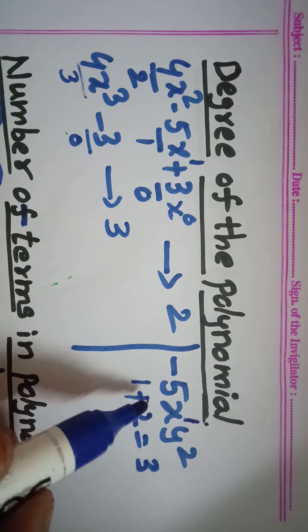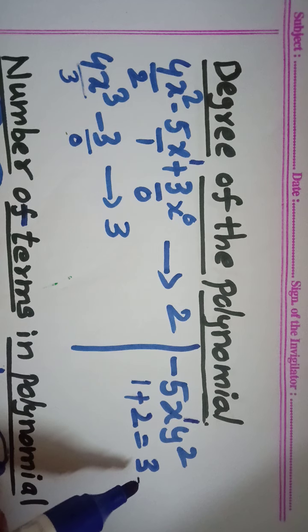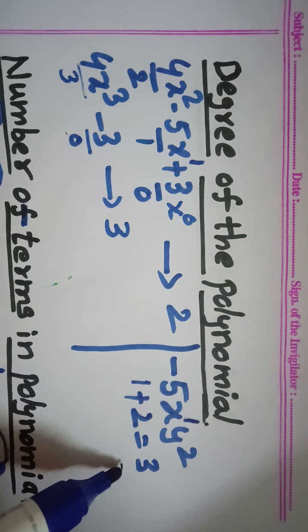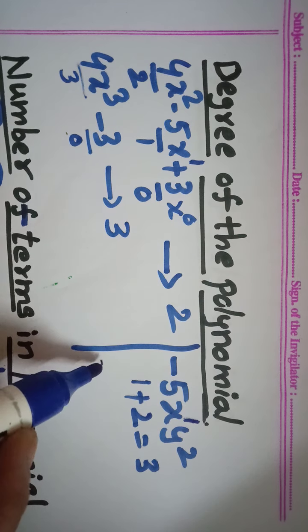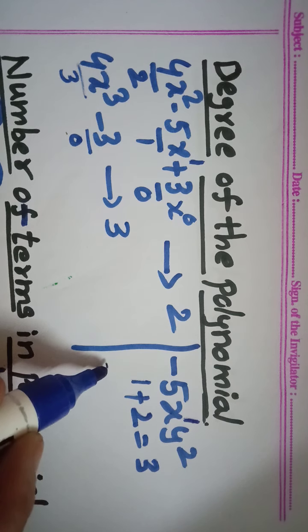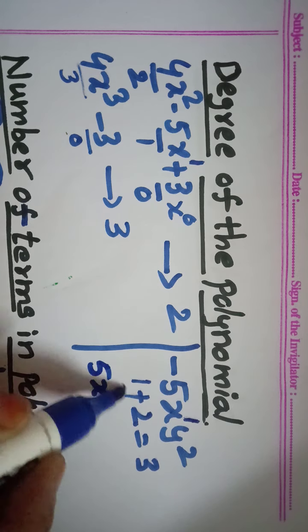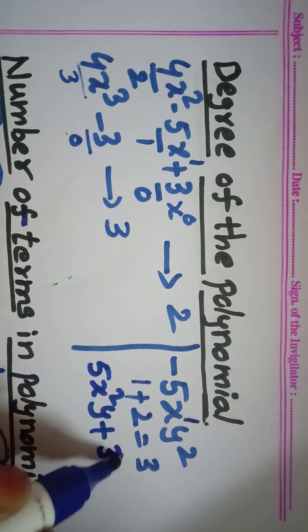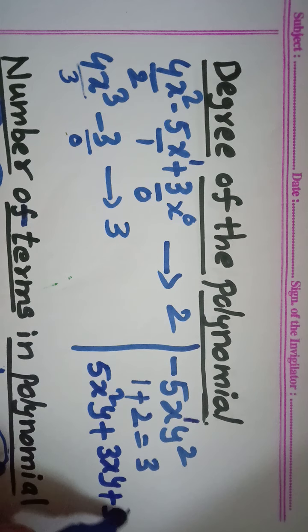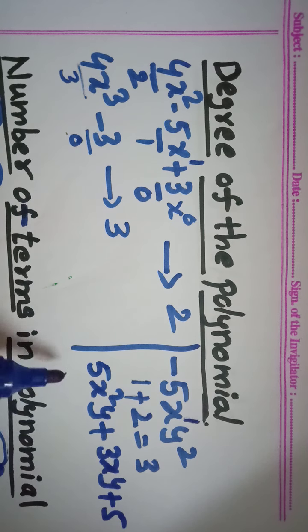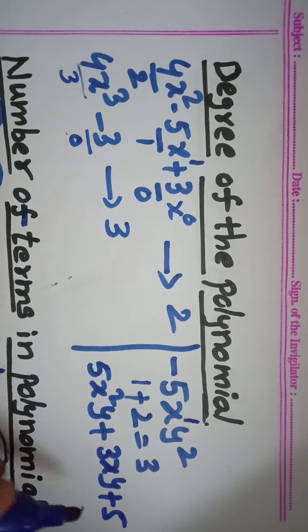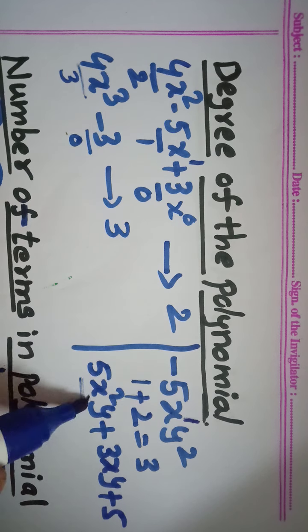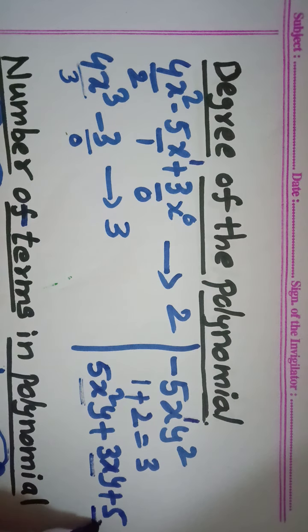Suppose a polynomial is having two variables, you can add the powers like this in each term. We take another example, 5x square y plus 3xy plus 5. So what is the degree of this polynomial? So here three terms are there: first term, second term, third term.